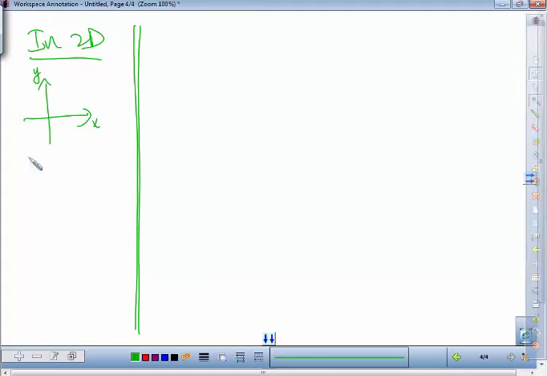And then if I wanted to express the x-axis as a relationship between the variables x and y, how would you label the x-axis? Y equals 0. Right?